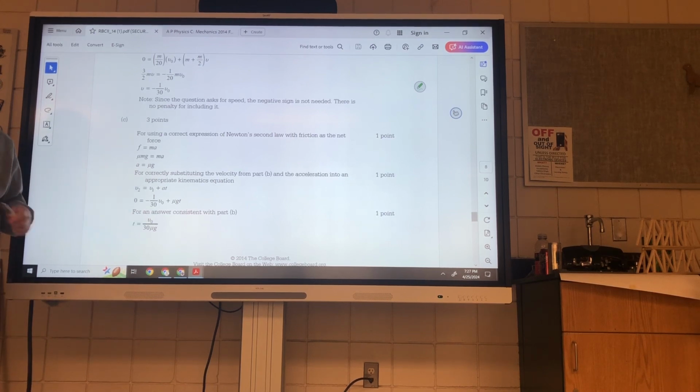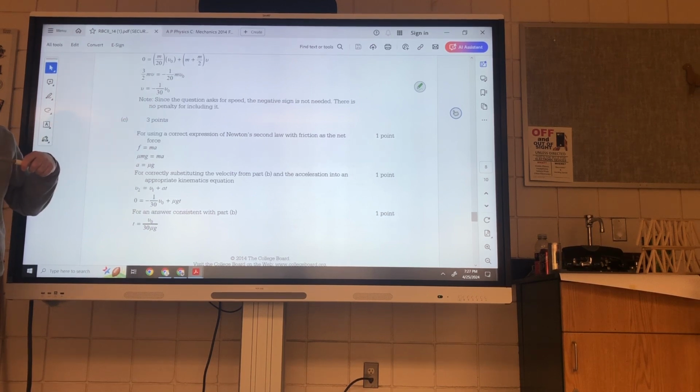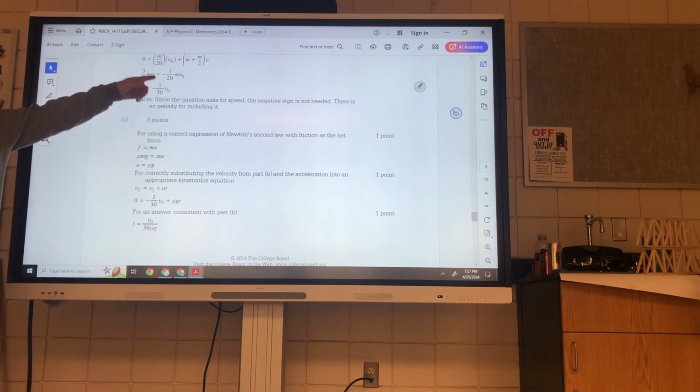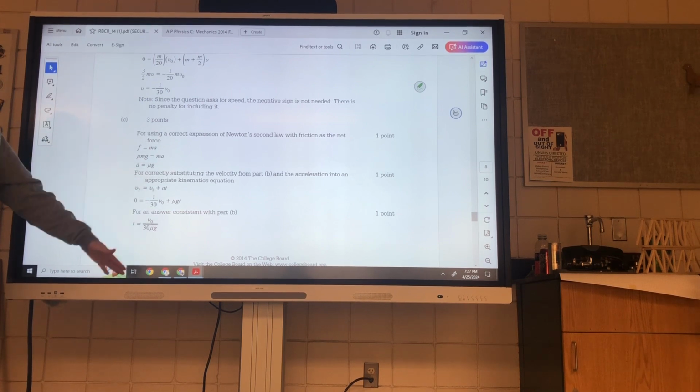What's the initial velocity of the disc and the person? It's the answer to the previous problem. Does that make sense? If you got part A wrong, but you substituted correctly for C, you still get all 3 of those points. So if you get this answer wrong, but you carry it down here, you could totally get this whole thing right.